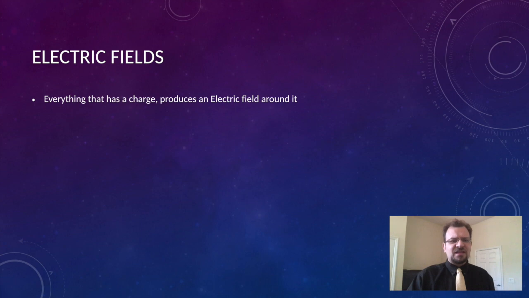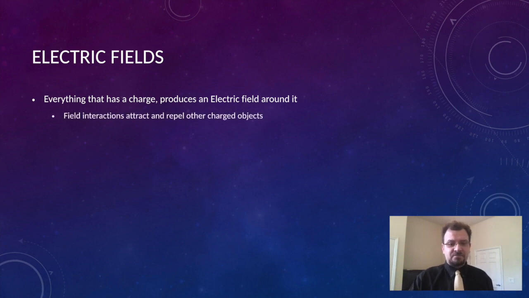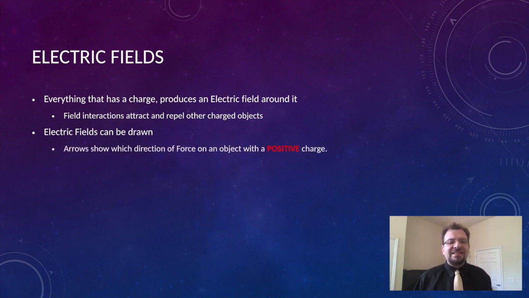So now let's talk about electrical fields. Everything that has charge produces an electrical field around it. Field interactions is what causes the attraction and repulsion that you learned about in previous science classes. Electric fields can be drawn just like gravitational fields, and the arrows show the direction of force for an object with a positive charge.